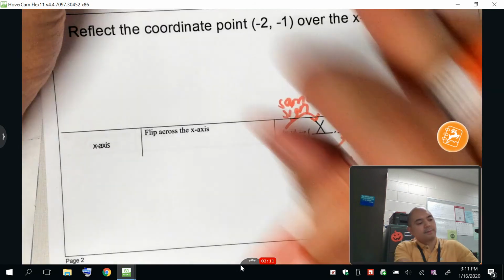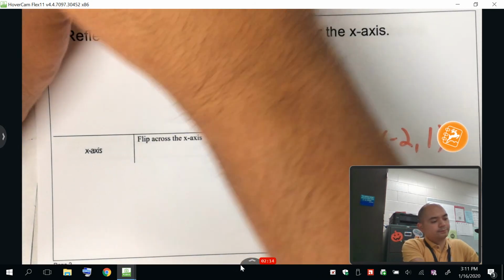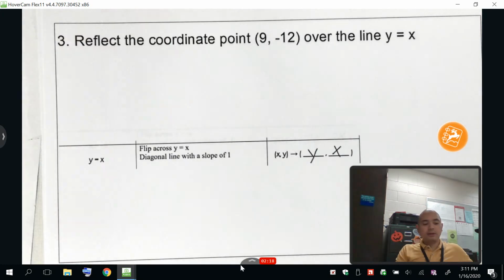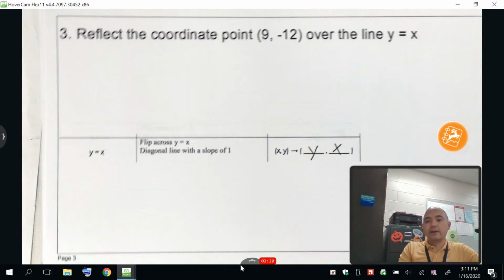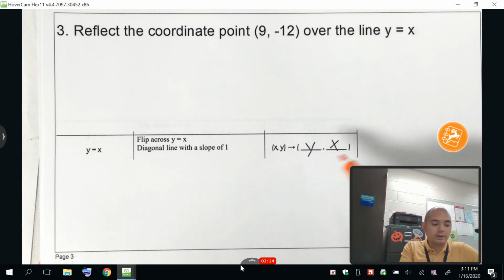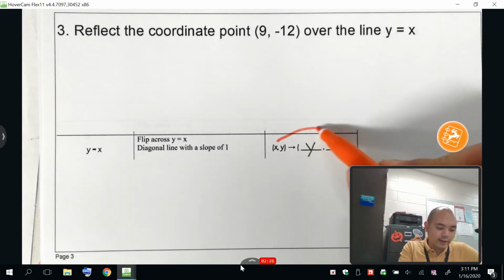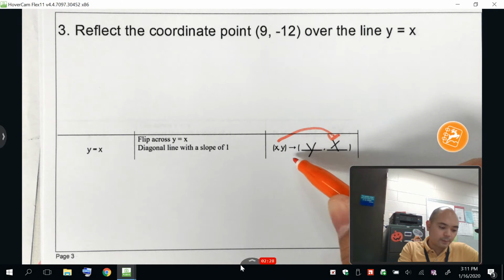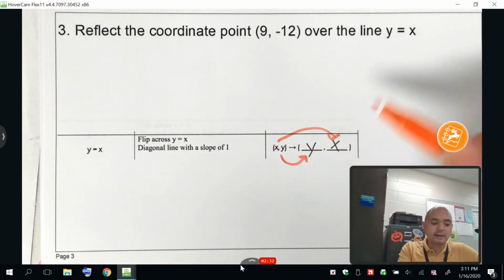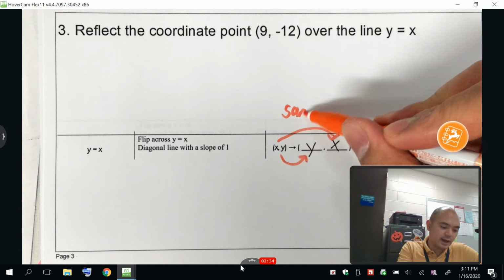Alright, next up. Reflect the coordinate point (9, -12) over the line y equals x. Here's the given rule for that. When we reflect over y equals x, notice where the x is going, notice where the y is going. This x and that x have the same sign, so nothing happens with the sign.